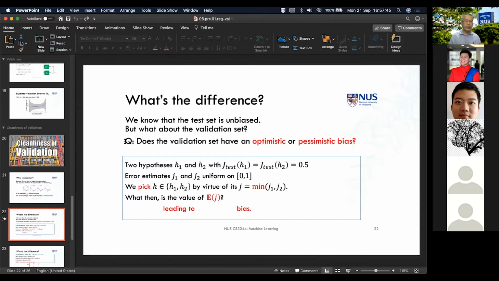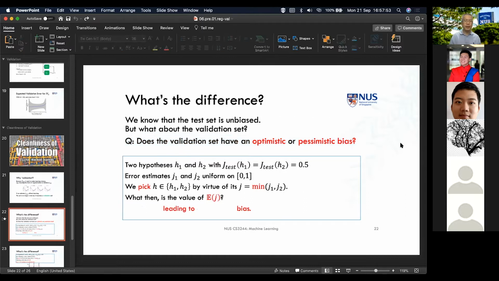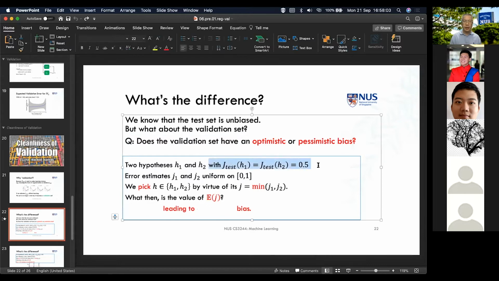So we're going to ask ourselves, does the validation set have an optimistic or pessimistic bias? Let's explain what we mean by that. Let's say we have two hypotheses for a data set, and their actual error on our test set is the same, 50%. So it actually doesn't matter whether we choose H1 or H2.